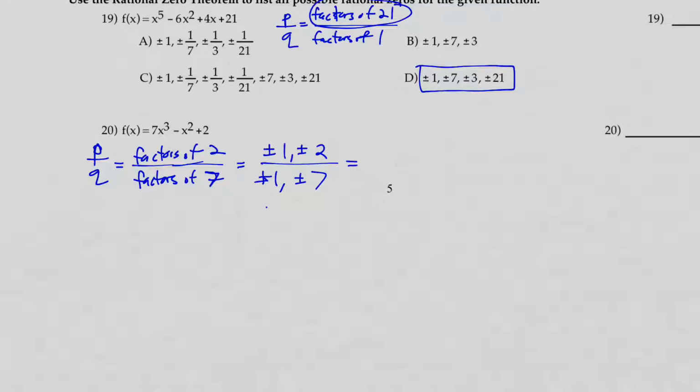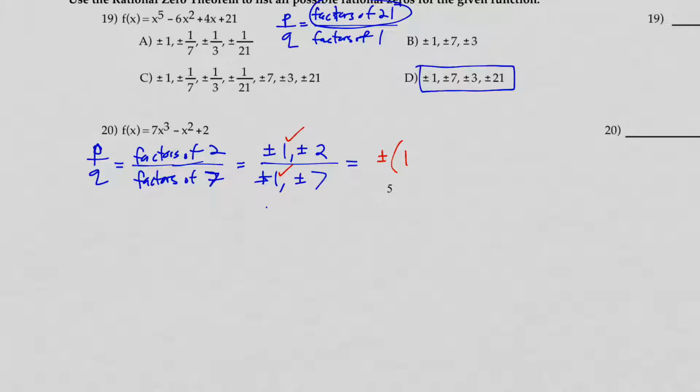So now we divide each of those. A possible rational zero, or x-intercept, would be this 1. So 1 divided by 1 is going to be 1.